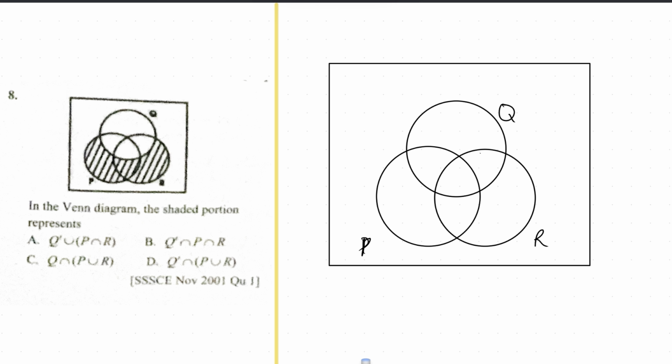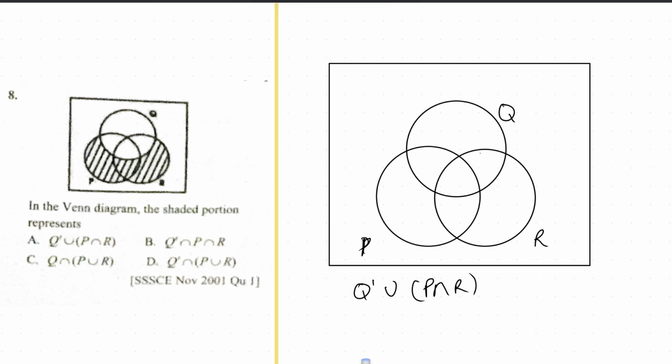The first one says Q complement union bracket open P intersection R. So let's see if this correctly represents the diagram.